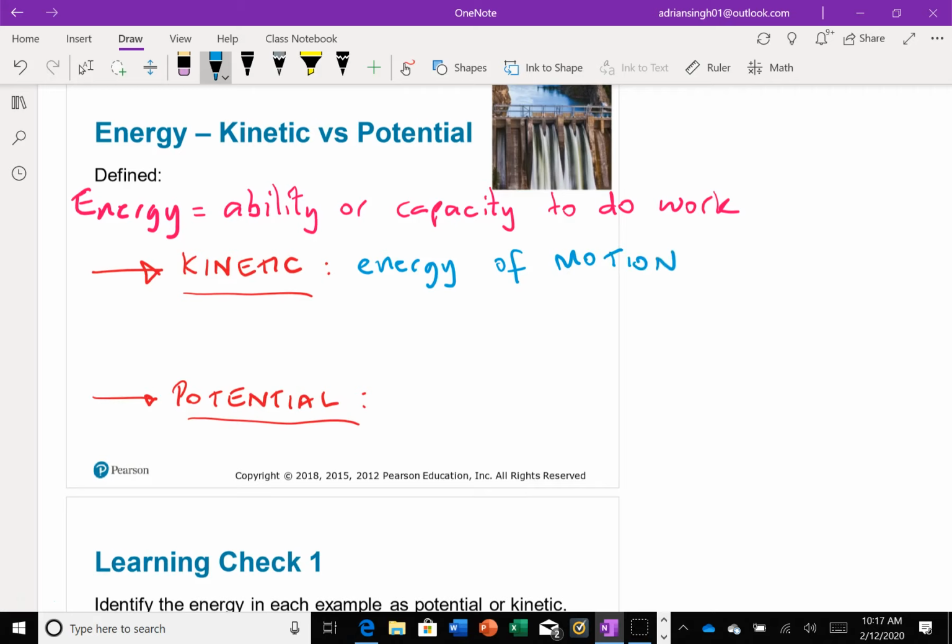Right? So anything that is moving is going to possess kinetic energy. That's what the term kinetic actually means: movement. So anything moving has KE, and KE is the abbreviation for kinetic energy.